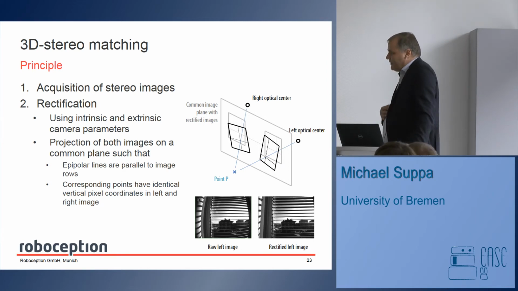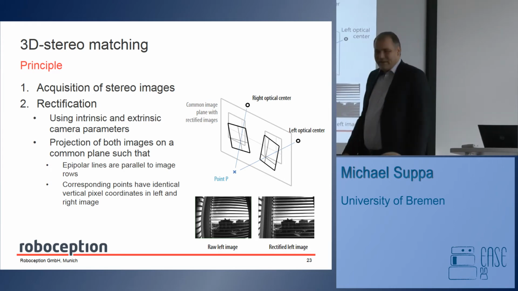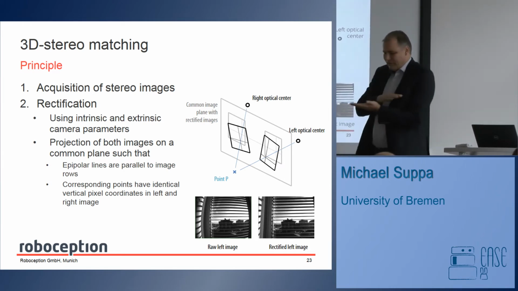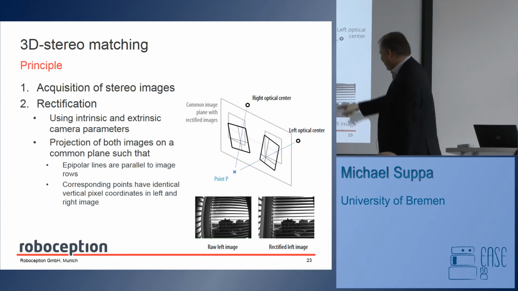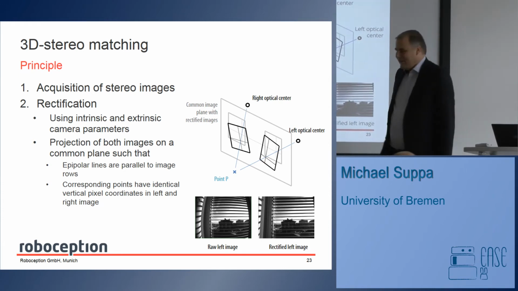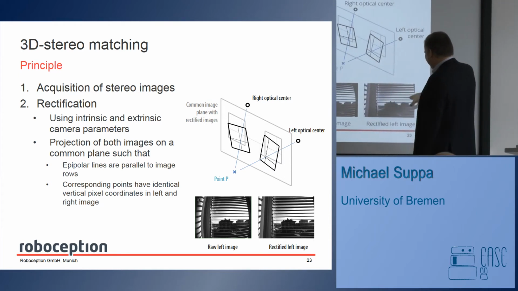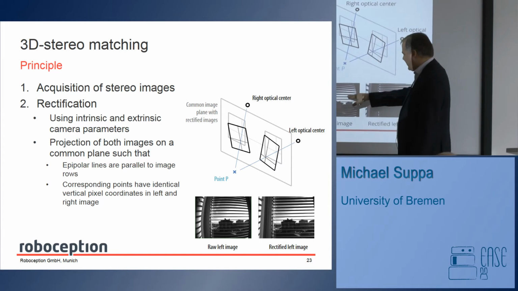The corresponding points have identical vertical pixel coordinates in the left and right image. As you can see in this very nice example, a big problem is when stereo is difficult: either you have structures that are along the epipolar lines, or repetitive structures that are perpendicular to the epipolar lines, because here it's really hard to say if you're here or here or here or here.